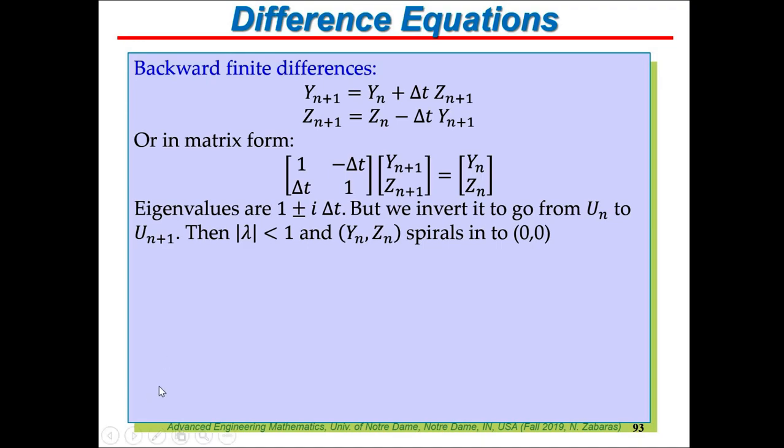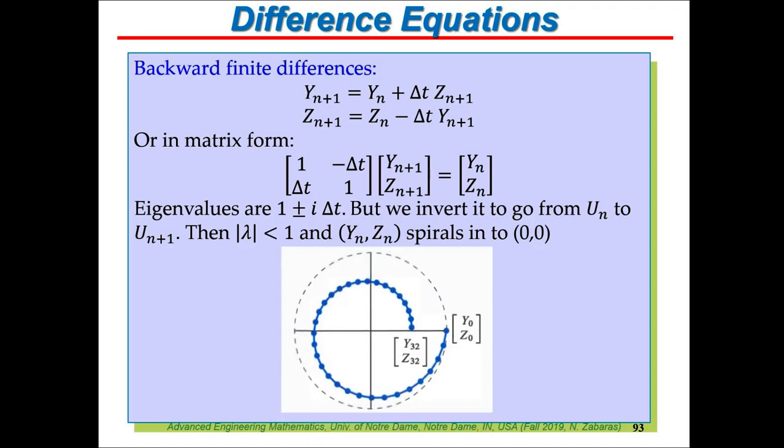So if the eigenvalues of this matrix have magnitude greater than 1, the inverse has eigenvalues with magnitude less than 1, which means in this particular case, the solution will spiral towards 0, 0, towards the origin. So the solution will die for this particular problem.